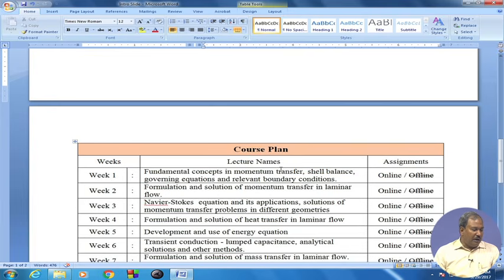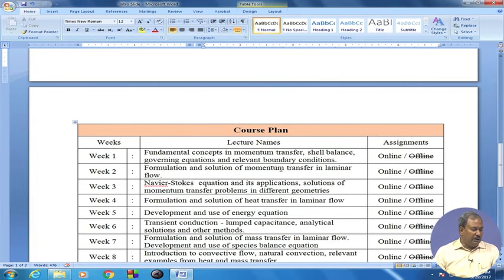Now, I will talk about the course plan a little later, but let us first try to see what is transport phenomena. For example, when you have a flow of fluid through a conduit, you should be able to derive an equation which would give you the relation between the pressure drop and flow rate of a specific fluid through a conduit of known diameter.